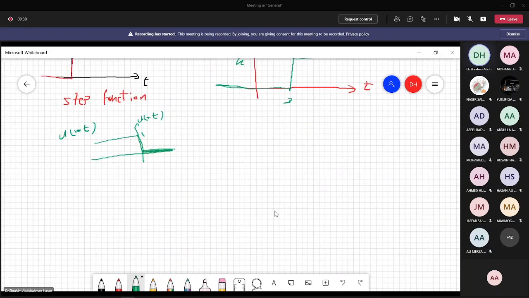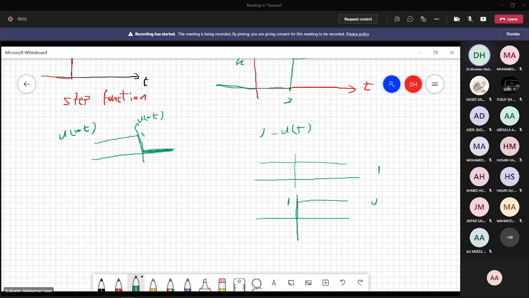طيب, what about 1 minus u of t? So if we say 1, it means that it is always 1, from minus infinity to plus infinity. So this is 1. And u of t, as we said, here it's equal to 0, and here it's equal to 1.